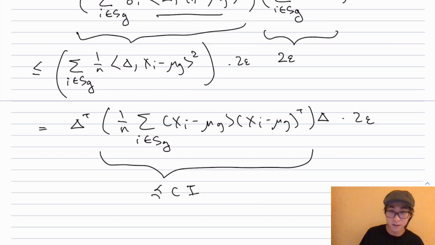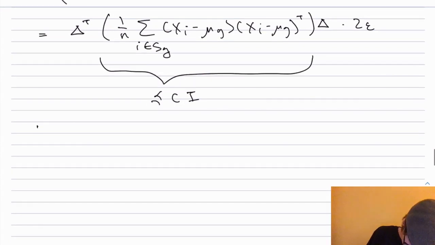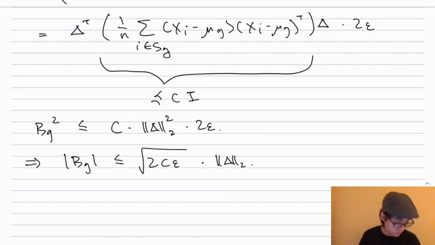So it was upper bounded by C times identity, which means that B sub good squared can be upper bounded by C times the L2 norm of delta squared times 2 epsilon, which implies that the absolute value of B sub good is at most the square root of this quantity, so 2C epsilon times the L2 norm of delta. Okay, good. Now we're going to try to do something very similar for B sub bad.